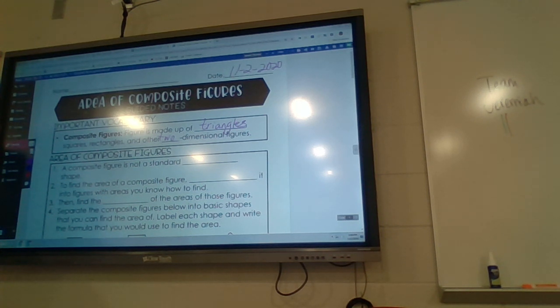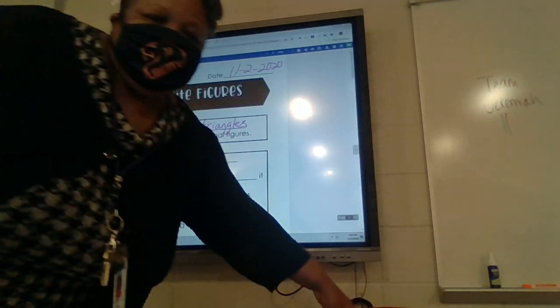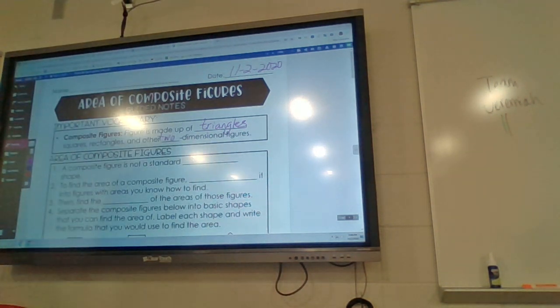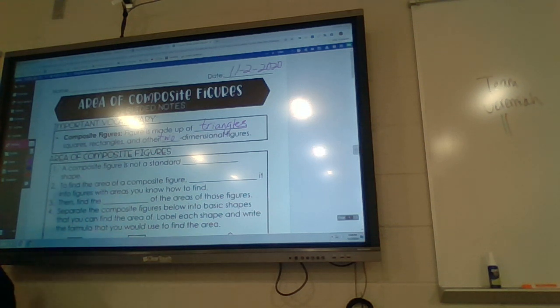It could be parallelograms. It could be made up of, what's the other one? Trapezoids. What we just did. So it's made out of triangles, squares, rectangles, and other two-dimensional figures.